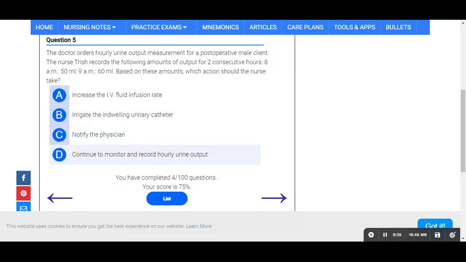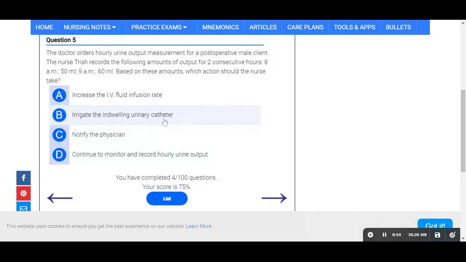So the patient keeps losing fluid. If we increase the IV fluid infusion rate, we get to sustain the body, but at the same time, it's not an intervention for that kind of increased urine output.